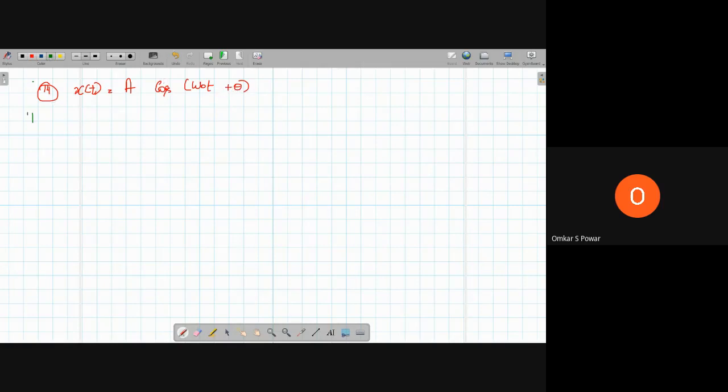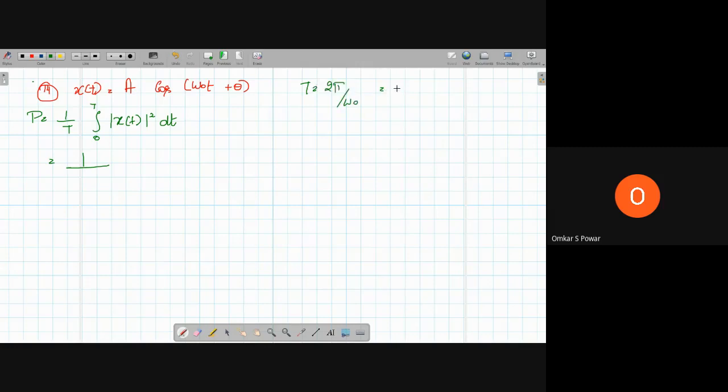So let us solve. Power is equal to 1 by T integral 0 to T mod x of t the whole square dt. So now we will solve the problem. So 1 by T. So what is the value of this T? T is equal to 2 pi by omega naught.